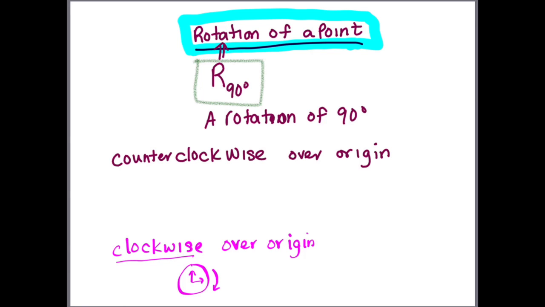A counterclockwise, if I have my clock here, the direction that I'm going to be going in is opposite the clock. So clockwise versus counterclockwise. And we're dealing with rotation of 90 degrees, again, over specifically the origin.